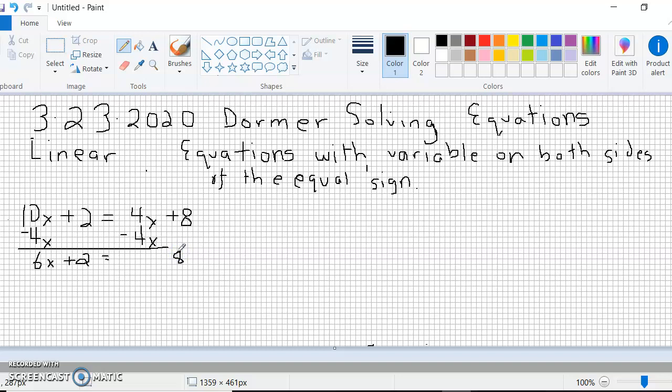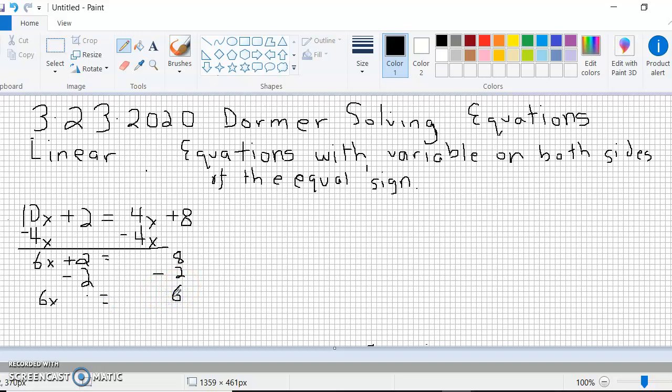Okay. So now I could do just a regular two-step equation type problem. So I want to isolate my x here, so it'll be negative 2 here, negative 2 here. Okay, so now I have 6x is equal to 6.